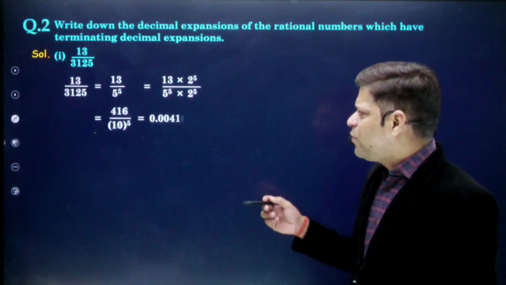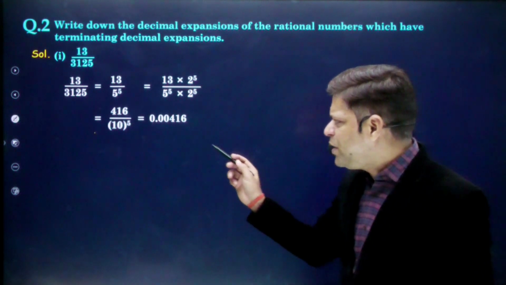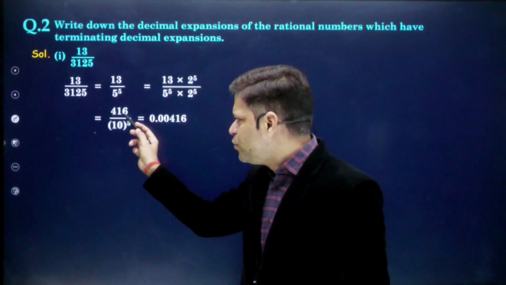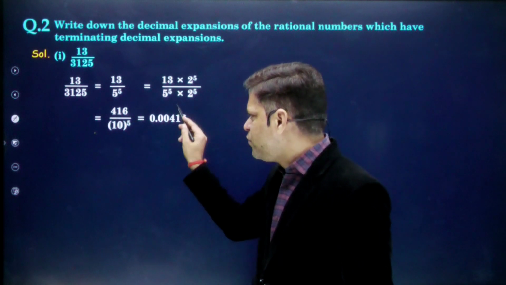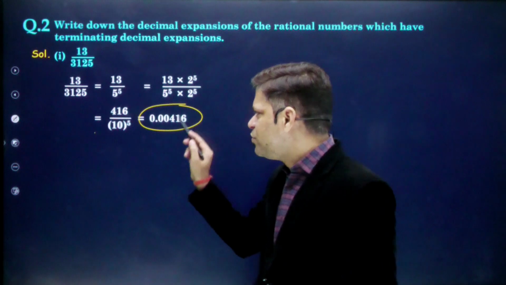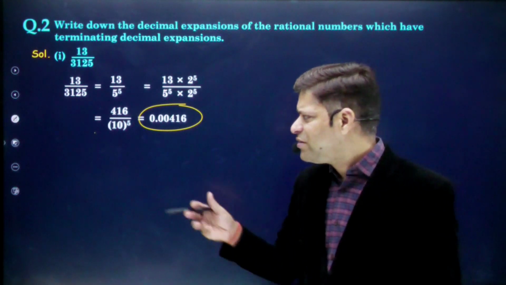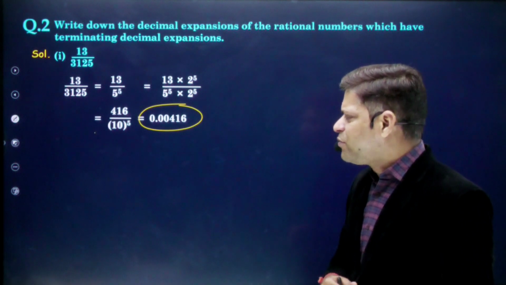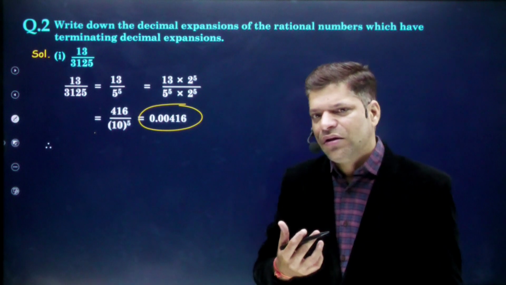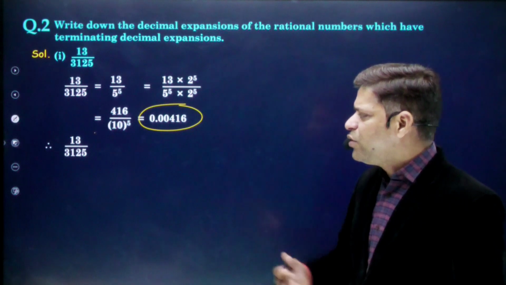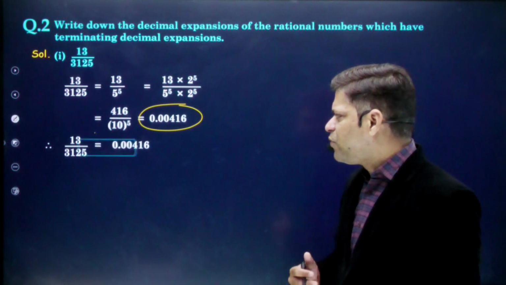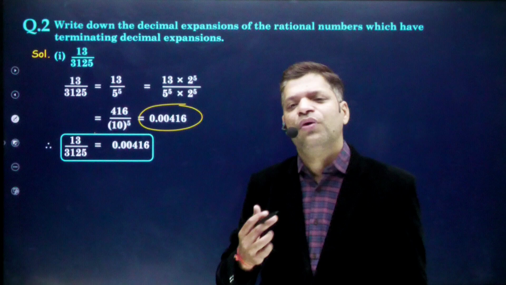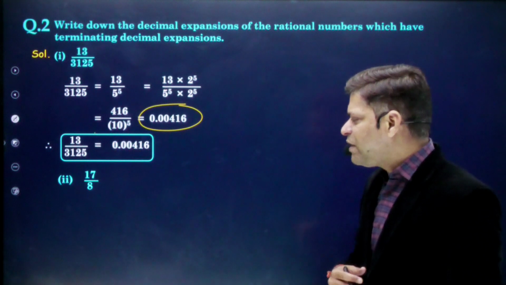So the decimal expansion will be, we start from here 1, 2, 3, 4, 5, so it will be 0.00416. This is the terminating decimal expansion we find. So the technique you understand. 13 over 3125 can be written in the form of 0.00416.